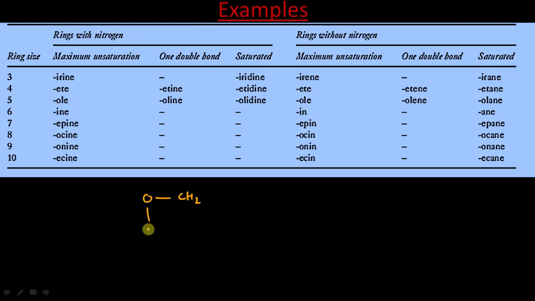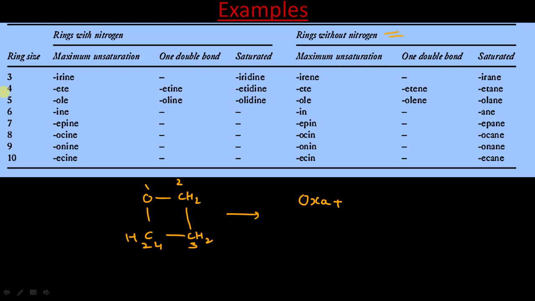CH2, CH2 and CH2. Now its name, the prefix is oxa plus. It is a four membered cyclic conjugated system, and heteroatom is other than nitrogen. So we will use this right hand side of the table.